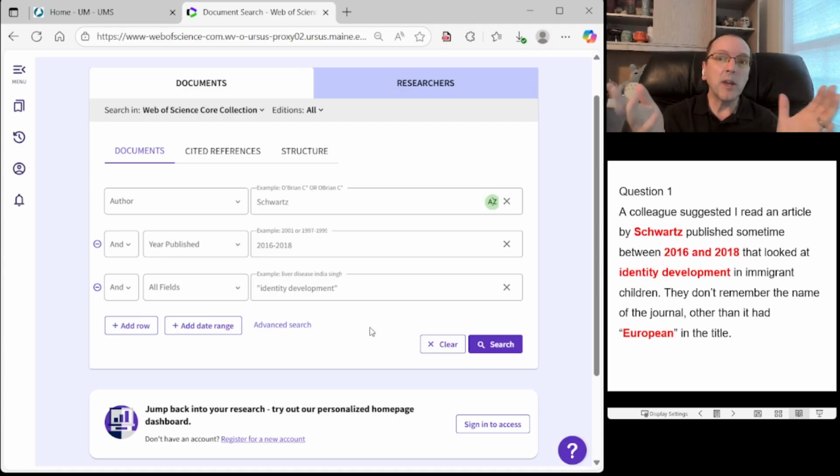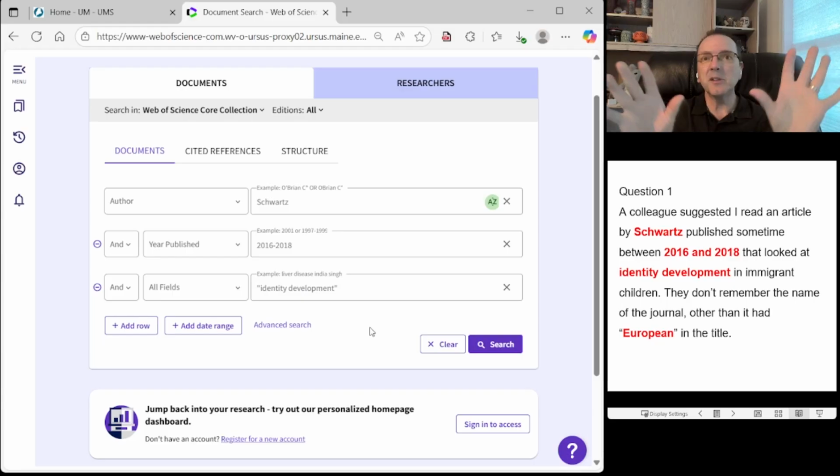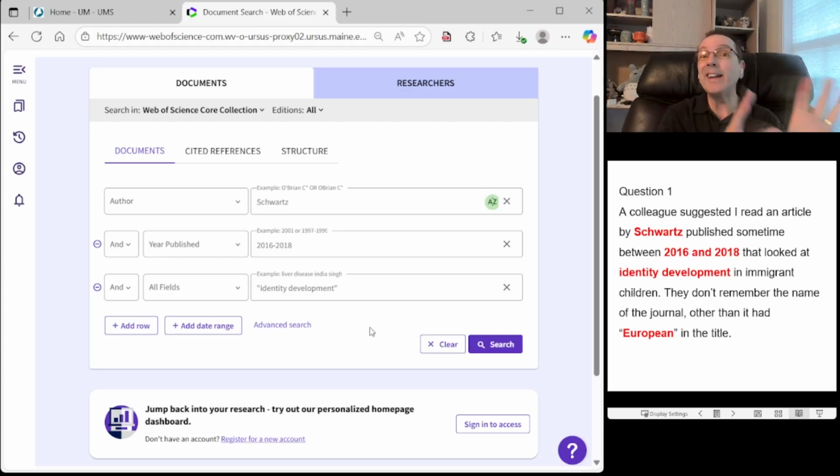How many do you get, and can you filter in some other way, or maybe just try identity instead of identity development. But we'll put it in this way. I just want to point that out, because if they said identity formation, we're not going to find it. So you want to keep that in mind.